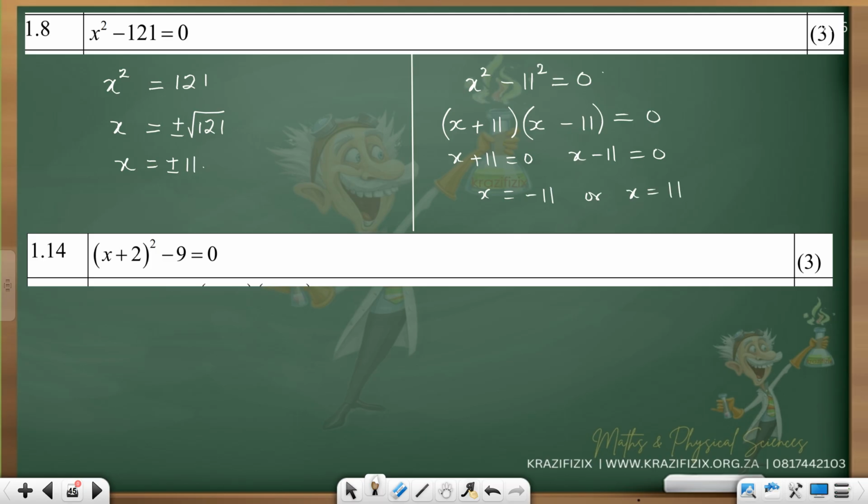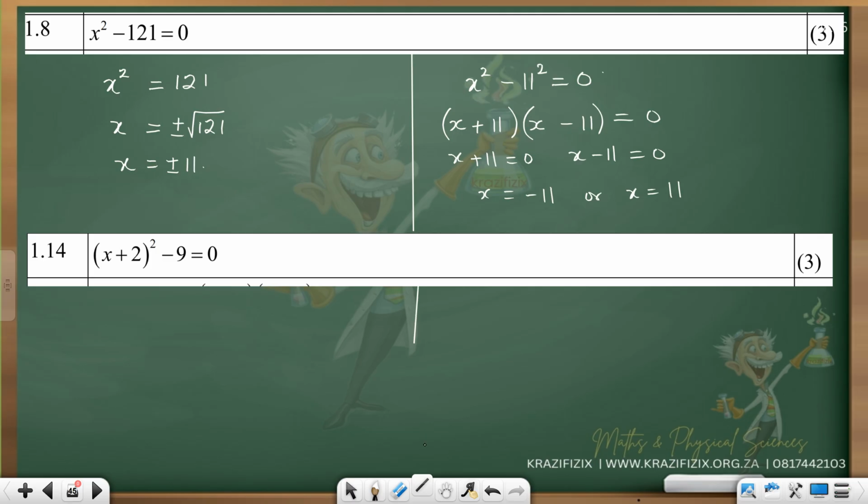So please take note, when I introduce a square root, I must introduce plus or minus.